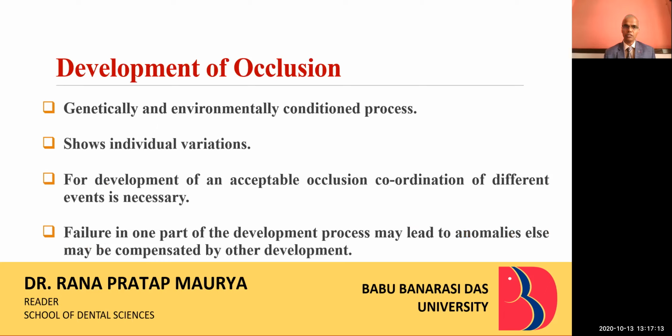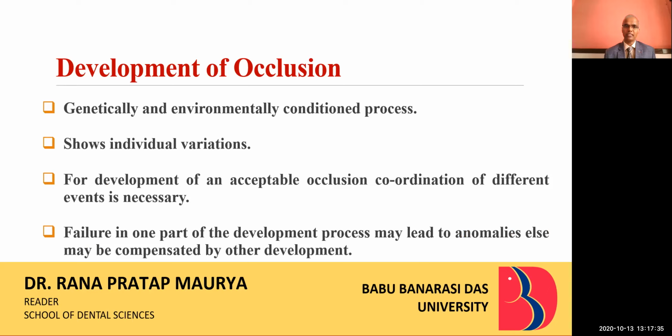Then development of occlusion. It is a genetically and environmentally conditioned process, which means occlusion is influenced by genetics, because genes determine the jaw size, development of maxilla and mandible, and shape and size of teeth.